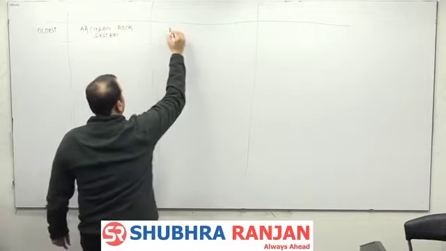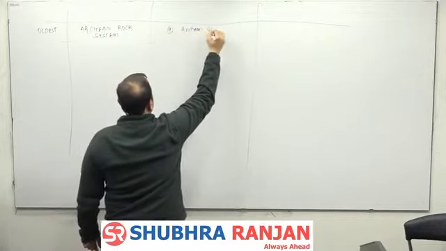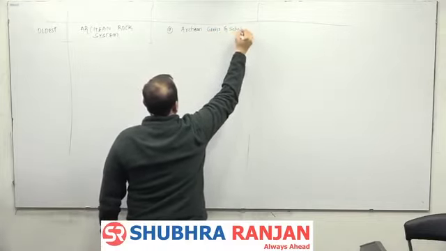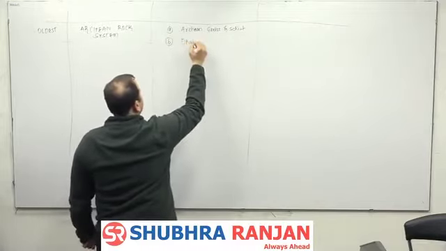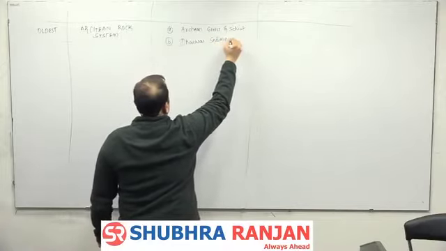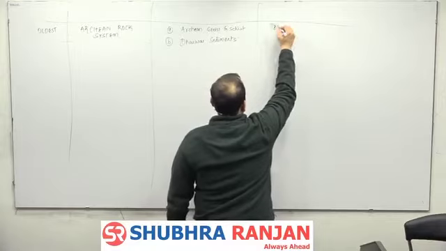It is further divided into Archean gneiss and schist, and secondly into Dharwar sediments. They are found in the peninsular India.